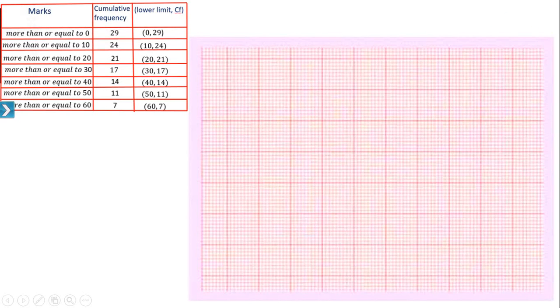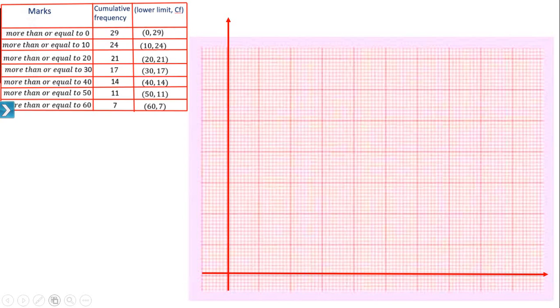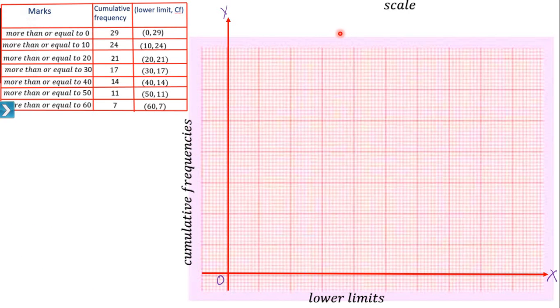Take a graph sheet, draw x axis and y axis. X axis, origin and y axis. Now, choose a suitable scale for x axis and y axis. Now, along x axis we are plotting lower limits and along y axis we are plotting cumulative frequencies. Now, choose a suitable scale for x axis.